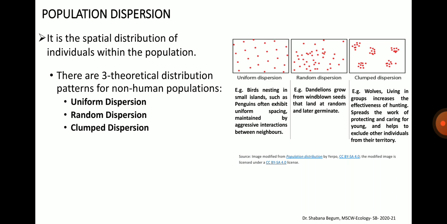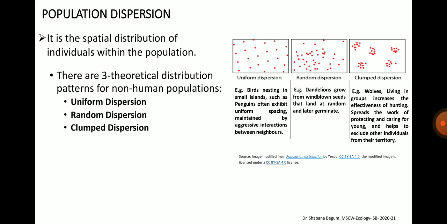Animals with territorial behavior also tend towards this type of regular dispersion. The example is depicted in the first figure: birds nesting on small islands, such as penguins, often exhibit uniform spacing maintained by aggressive interactions between neighbors.